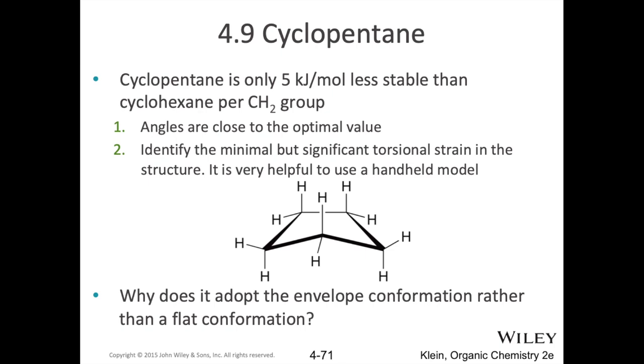You also have torsional strain, since there's overlap between the carbon-hydrogen bonds. If this carbon were in the same plane as all the others, its hydrogens would overlap with those adjacent to it. Having it stick up a little gets rid of some of that torsional strain as well.